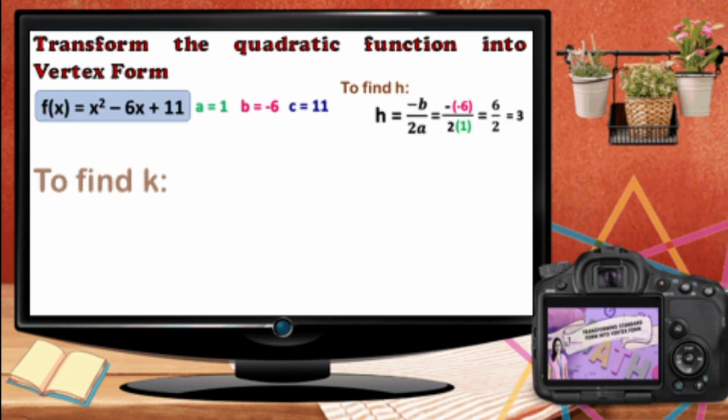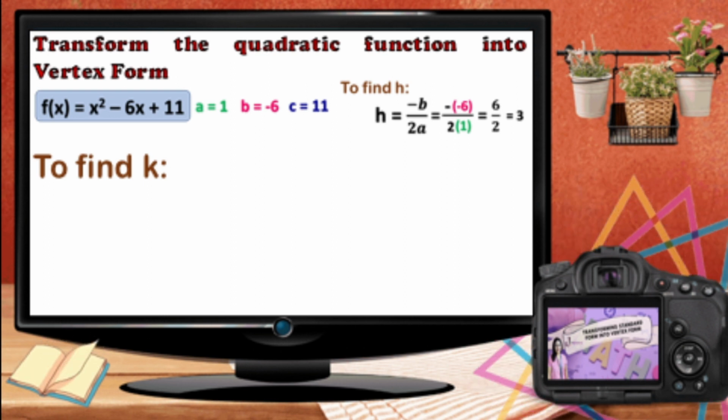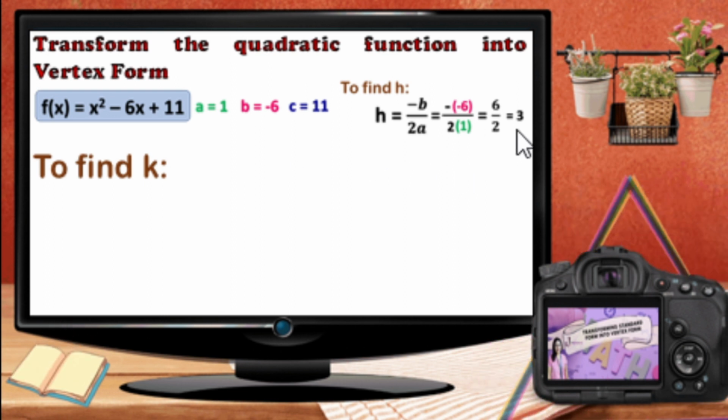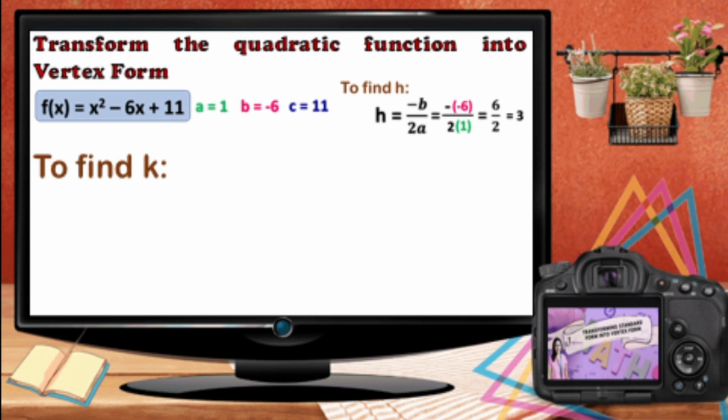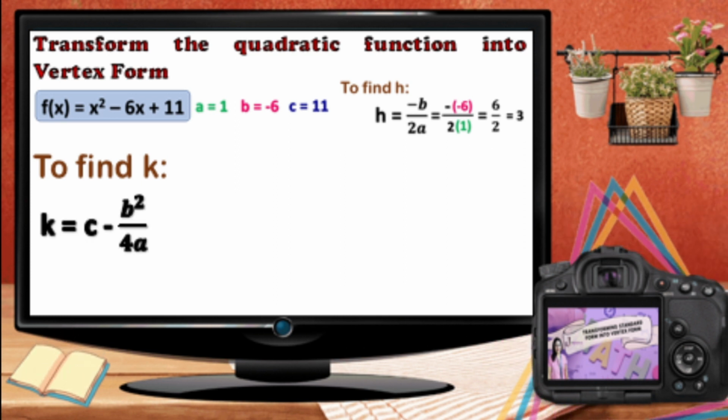So, we need to find the value of k. The value of h that we got is 3. So what is the value of k, so that we can form our vertex? The formula in finding the value of k is c minus b squared over 4a. We substitute our values.